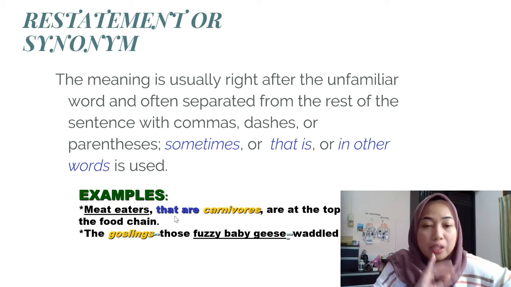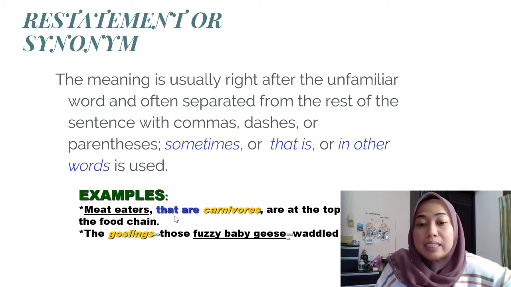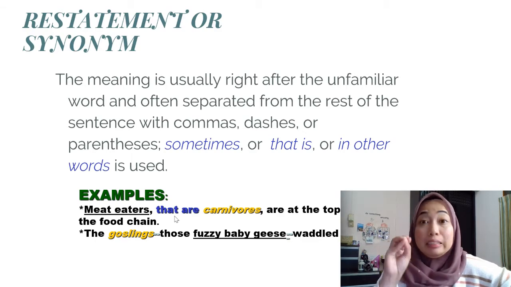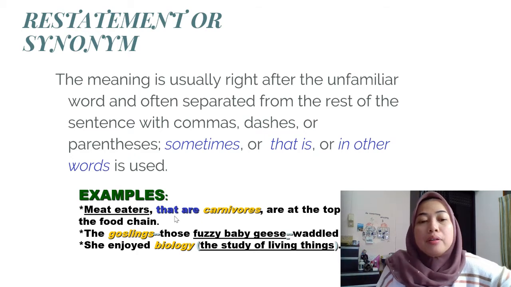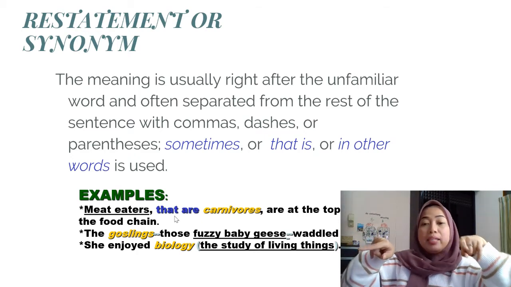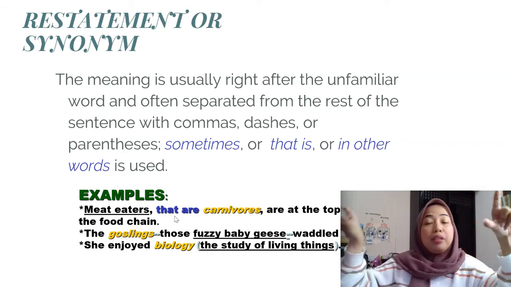So you say the goslings, those fuzzy baby geese, waddle after their mother. Okay, so gosling here means fuzzy baby geese. Okay, or she enjoyed biology, and then in bracket, the study of living things.